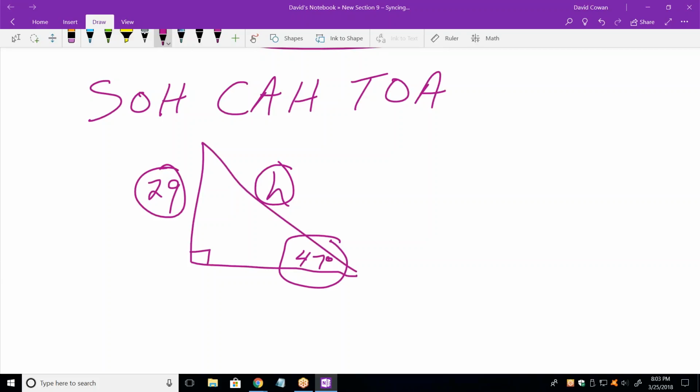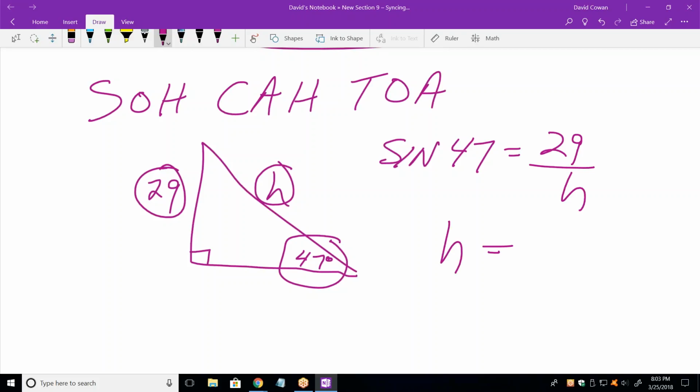Sine. Okay. So the sine of what? Complete that. The sine of 47 is equal to 29 over h. Perfect. Which means h is equal to 29 divided by the sine of 47.